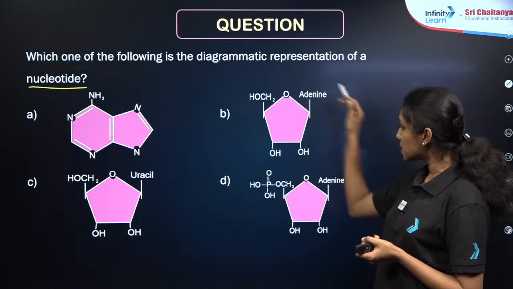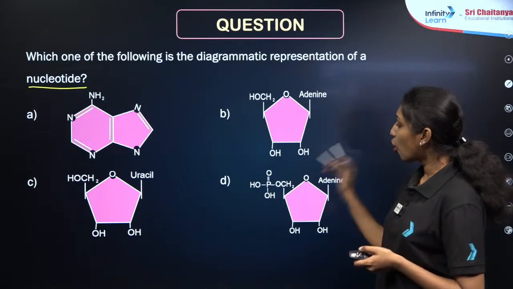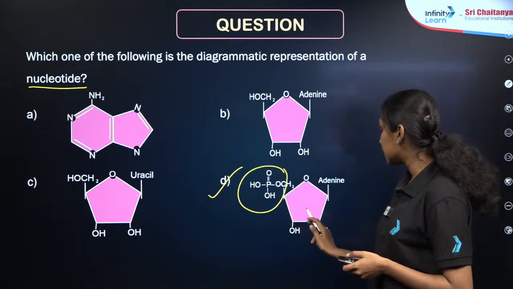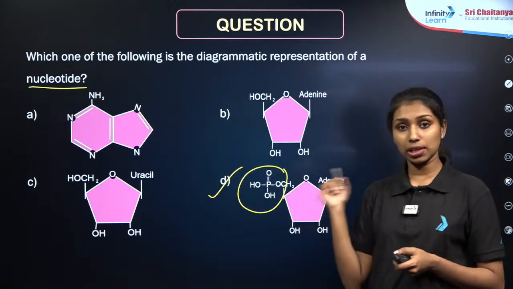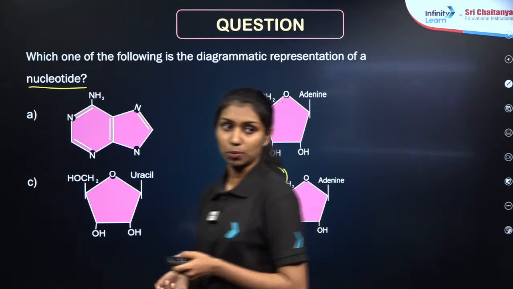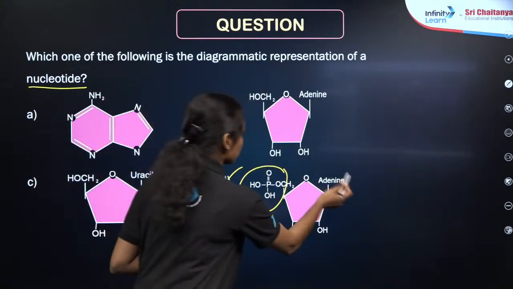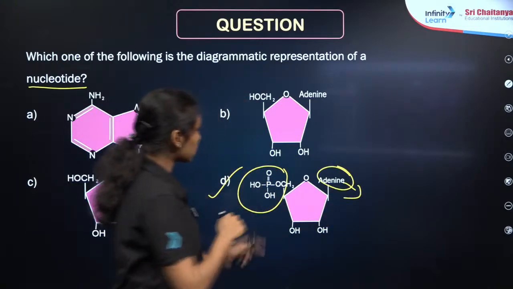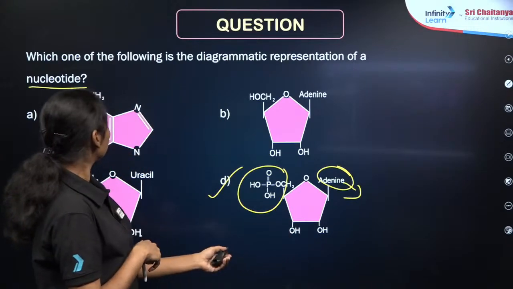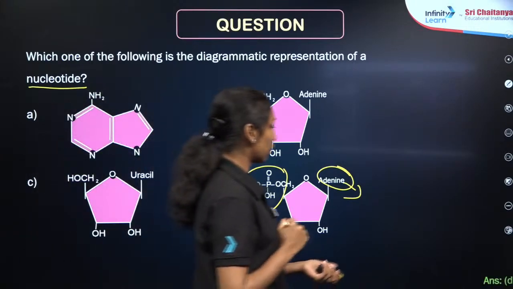Observing these structures, only option D has the phosphate group here. This is our sugar, which may be ribose or deoxyribose. If it is RNA, it will be ribose sugar; if it is DNA, it will be deoxyribose sugar. And this is the nitrogen base, adenine, so we can identify that it is deoxyribose nucleic acid. So option D will be the correct answer here for the nucleotide.